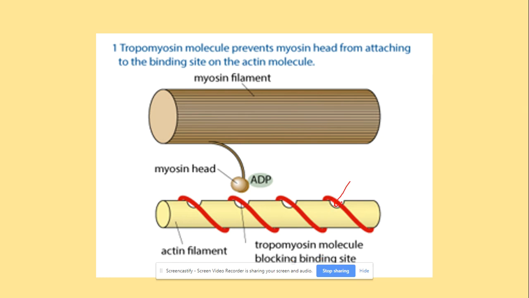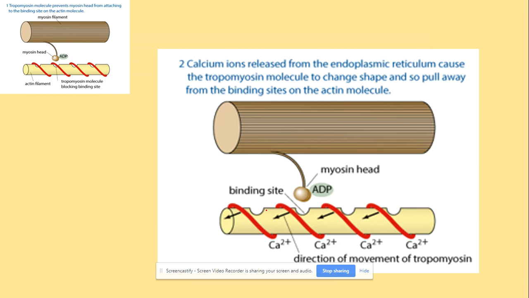This is a binding site that the myosin head is aiming for. What happens here when the calcium ions arrive? When they are released from the sarcoplasmic reticulum, they will cause the tropomyosin molecule to change shape.